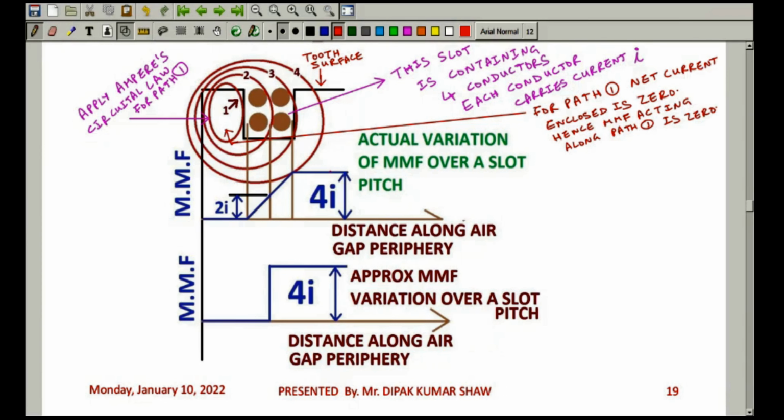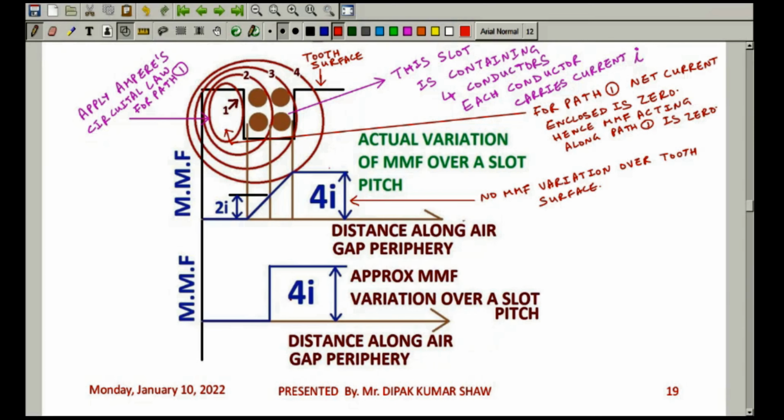So you see no M.M.F variation over the tooth surface. That's why it is parallel. Now this is the actual variation, but the approximate variation is shown like this.